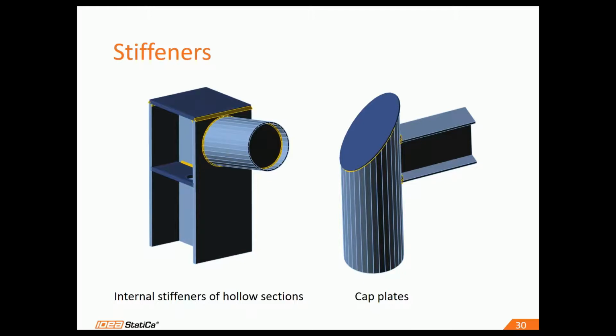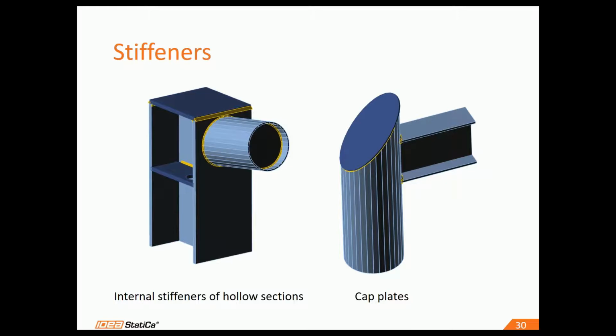Stiffeners, of course, we had stiffening plates in the last version, the general ones, and now it's much faster to define, for example, the internal stiffener of hollow sections or such a cap plate.